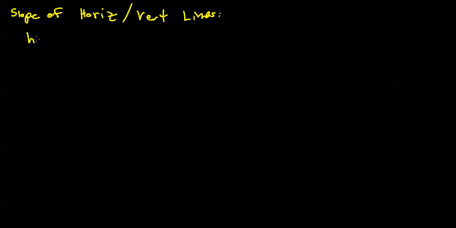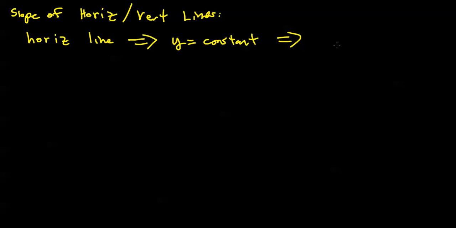I'm going to talk about this a little abstractly. If you've got a horizontal line, well, we know from our last section that means y equals constant. Y equals constant always gets you a horizontal line. Well, if your y is constant, what does that tell you about the rise of this line?